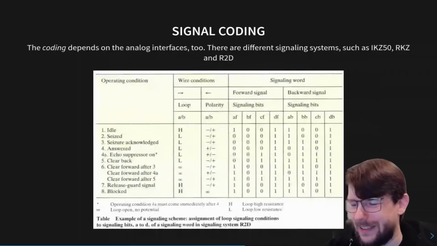This one is taken from a Siemens booklet that documents the R2D signaling system, which I believe was used in the east of Germany after German reunification, at least, maybe in other cases. And it defines here the ABCD bits for the respective operating condition.